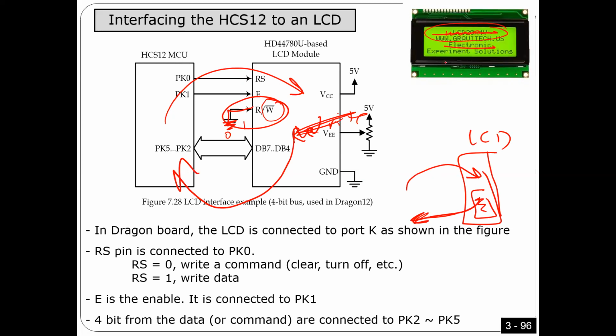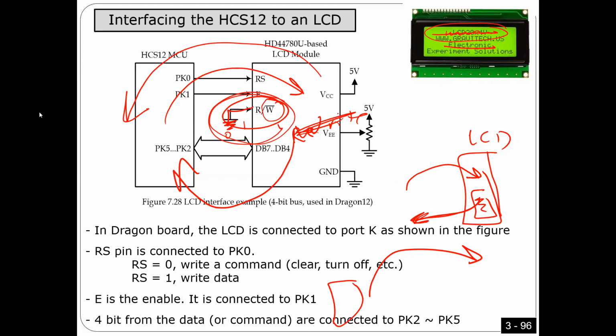So you have to track it in your program. Every time I write something, if later you need to know what message you are displaying right now in the LCD, this has to be done in your program, because based on the connection here, you cannot read. Is that okay? You can only write.